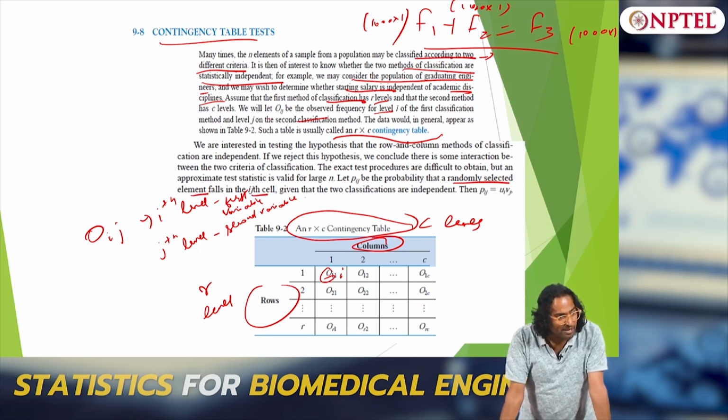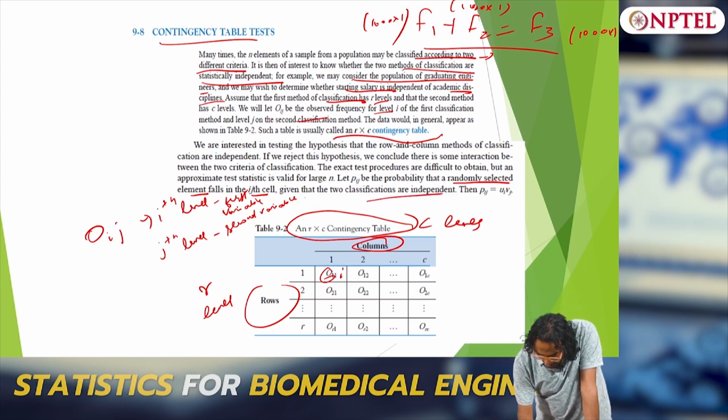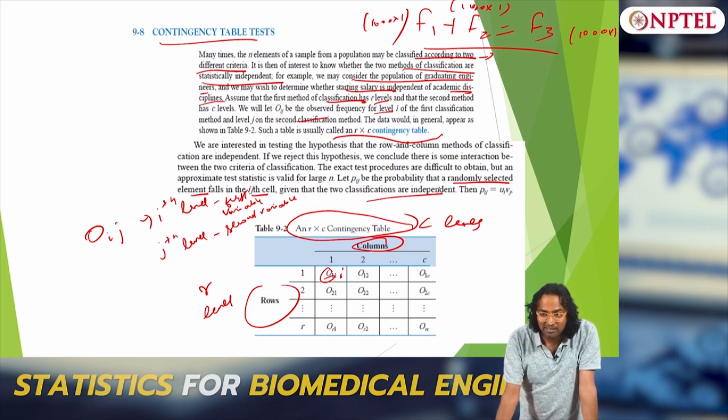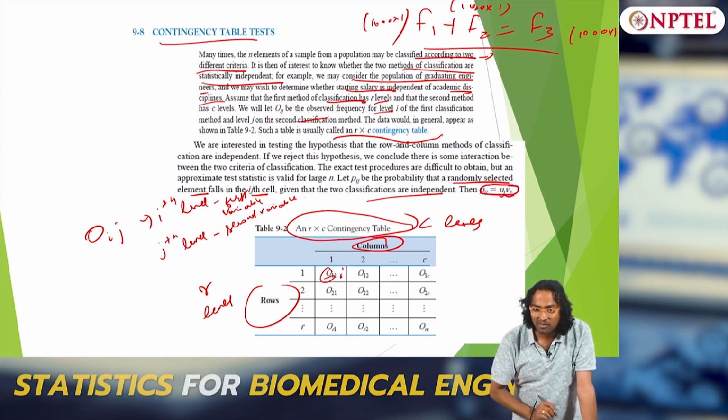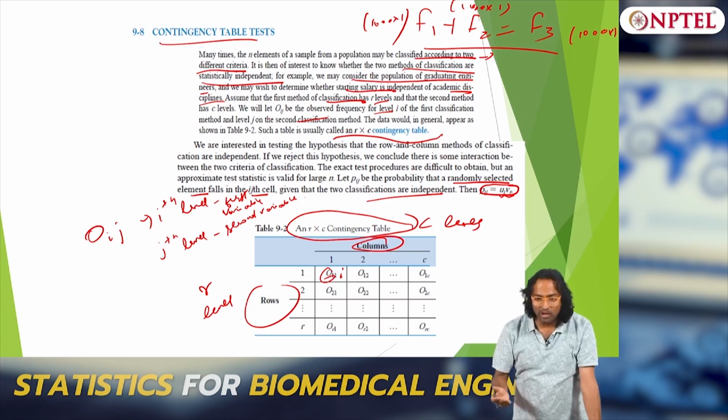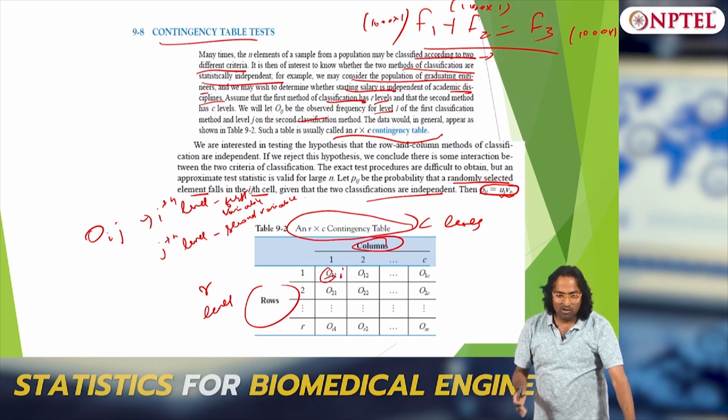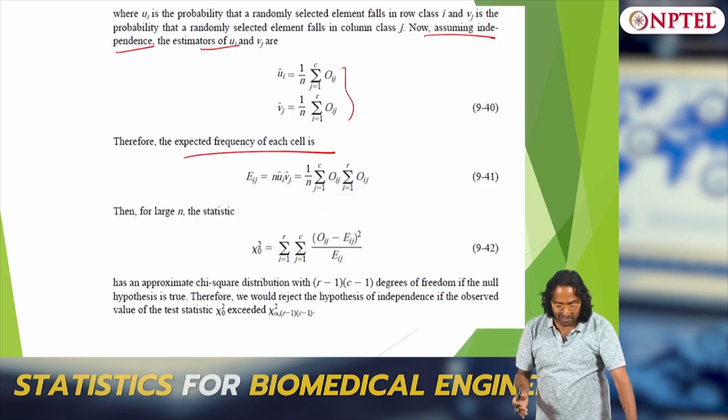Given the two classes are independent, what should Pij be? P of i into P of j, that is row probability into column probability. I have written it as Ui into Vj instead of Pi into Pj. Ui is the probability for the row and Vj is the probability for the column, assuming they are independent.